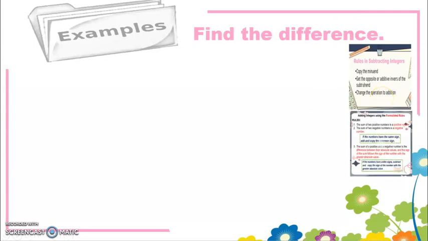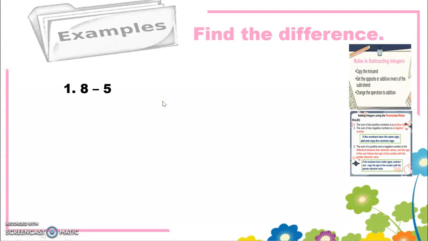So let's have now, again, the rules in adding integers. Class, ari ang rules ng addition of integers. If the numbers have the same sign, we simply add and copy the common sign. If the numbers have unlike signs, subtract lang, and we copy the sign of the number with a greater absolute value. So let's have now example number 1.